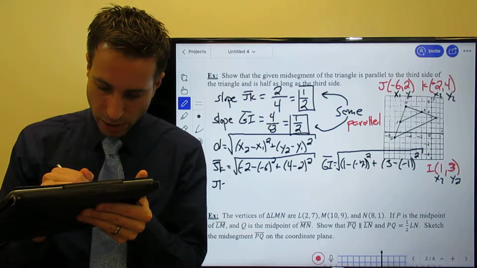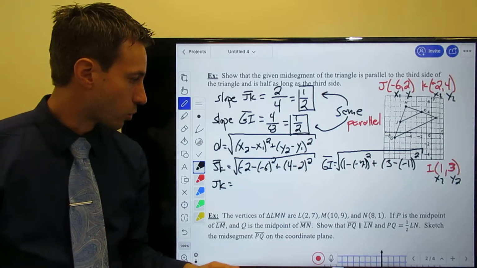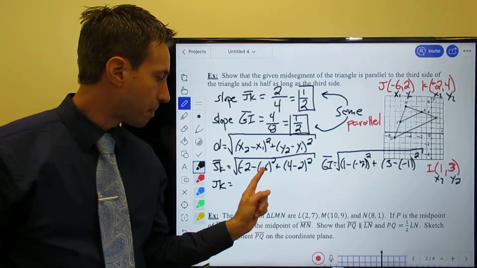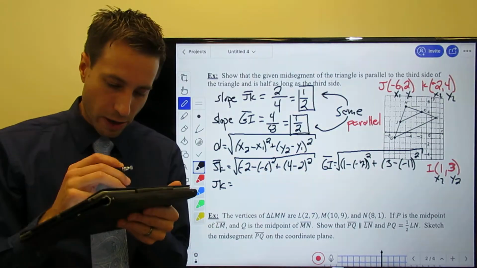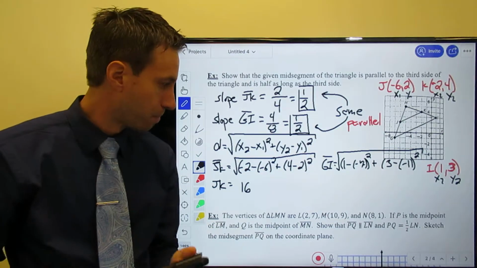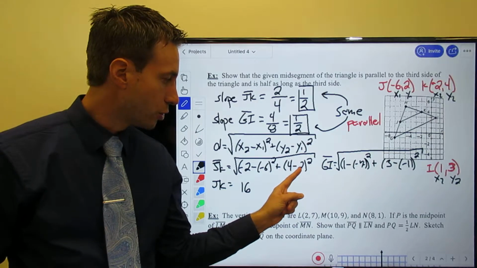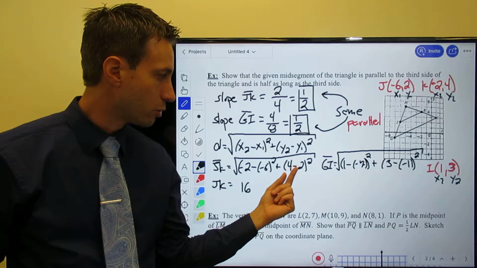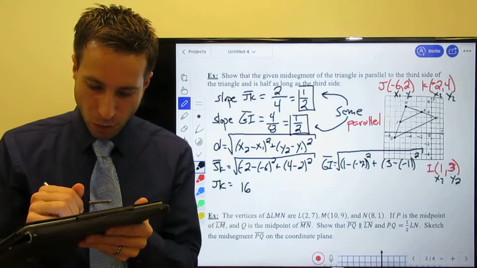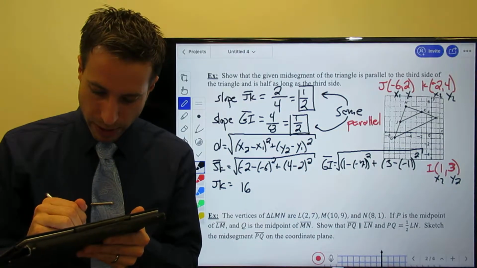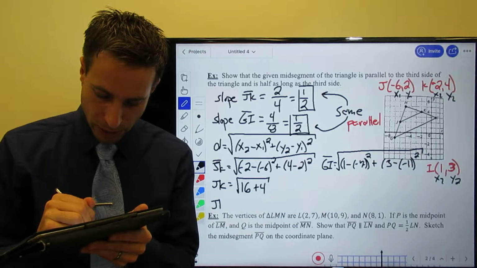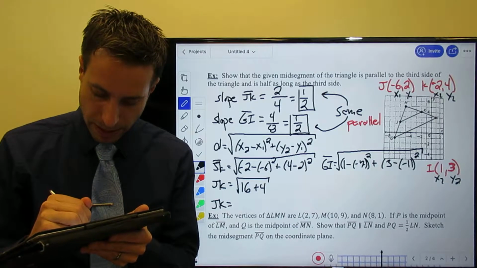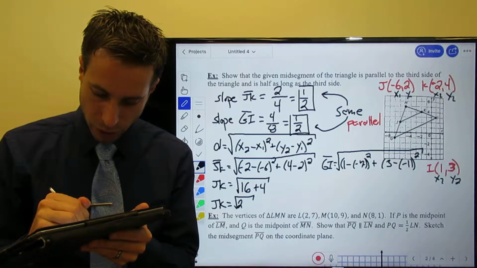Here we go. JK is equal to, first this one, add the opposite, I wind up with a +4, and 4 squared is going to be 16. 4 minus 2 is going to be 2, 2 squared is 4, so I wind up with 16 plus 4 under the square root, which means JK comes out to be the square root of 20.